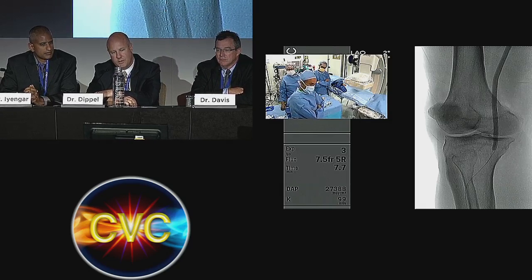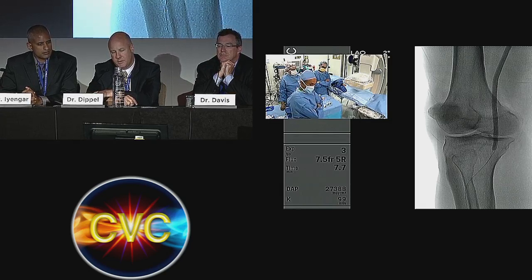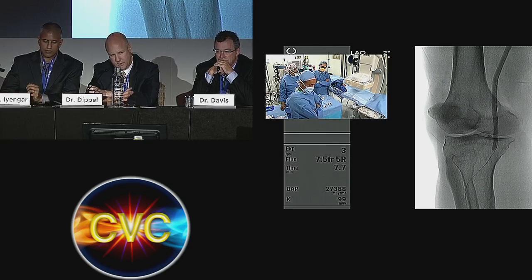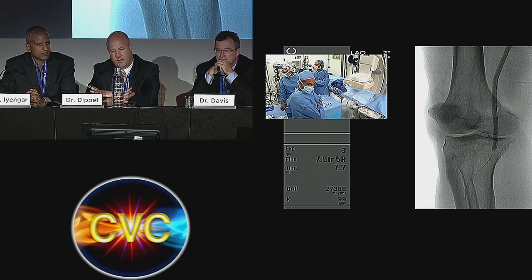They stretch when they're gently expanded, but they break and tear when they're not. Part of the problem is that the art of angioplasty was lost when coronary stents were invented, because we just put stents in without a thought process and didn't bother to care about our technique with angioplasty. So this data does exist. It's 20 to 30 years old, but there's a clear relationship between your technique and your outcomes.